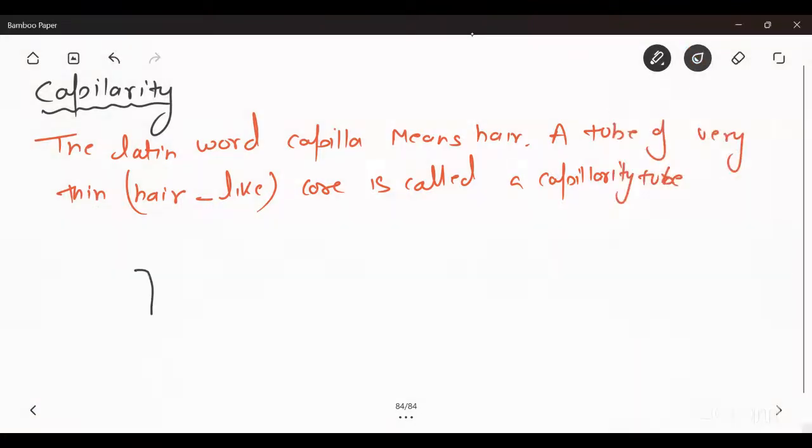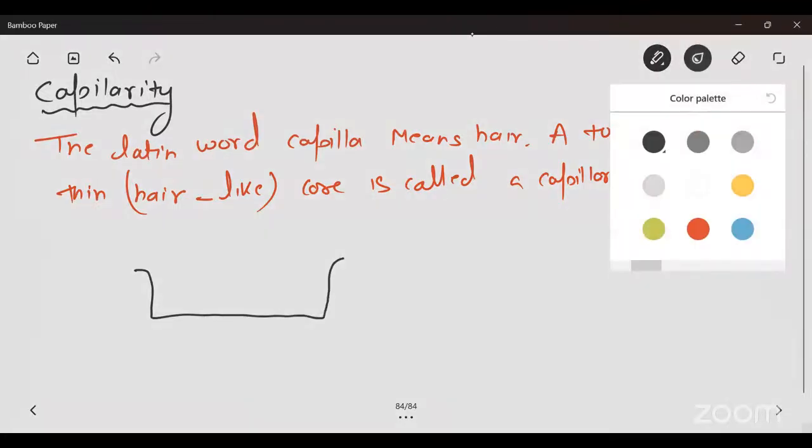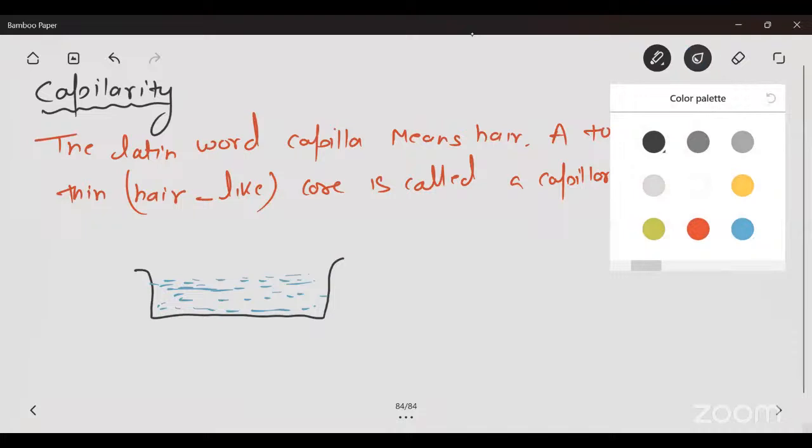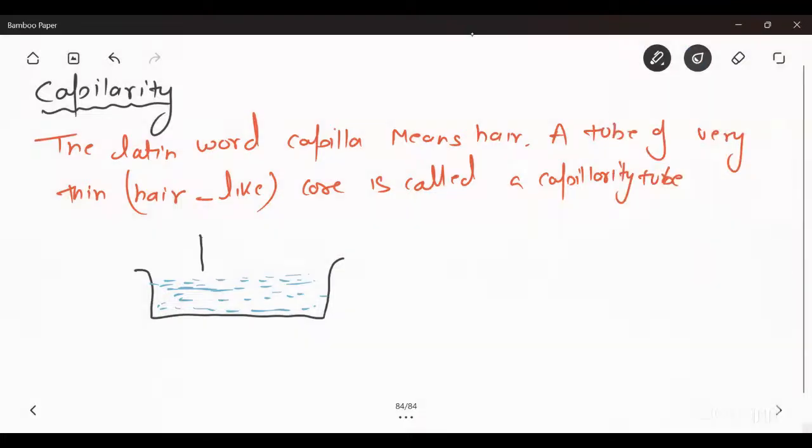Now suppose this is a vessel filled with water. If you dip a capillary in it, what will happen?